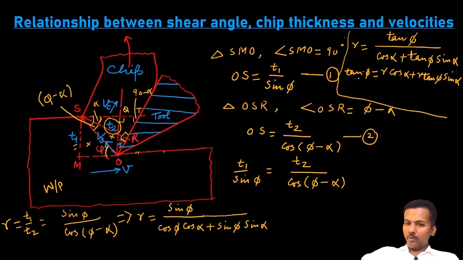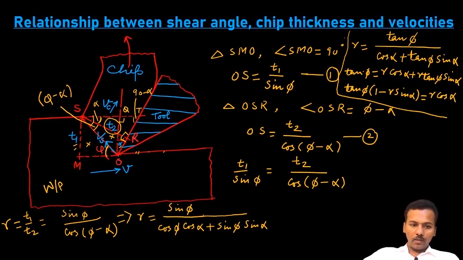When you take tan phi common, it will happen tan phi into 1 minus r sine alpha equal to r cos alpha.